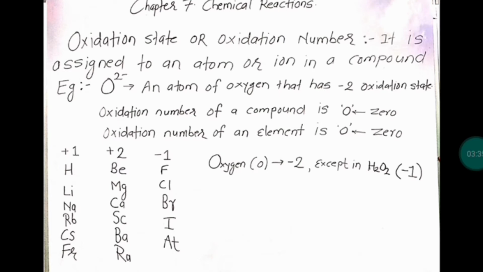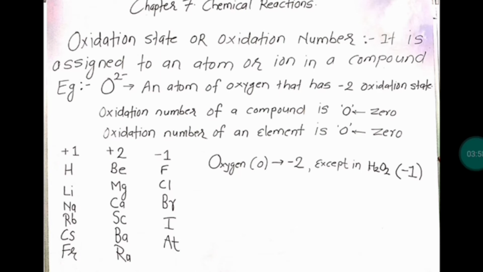In elemental form the oxidation state is 0. Only in the case of an atom in ion form or in a compound does it have an oxidation number.